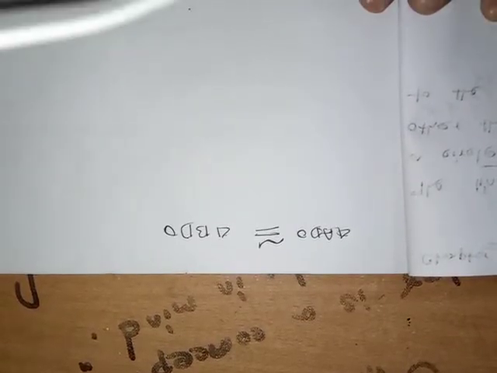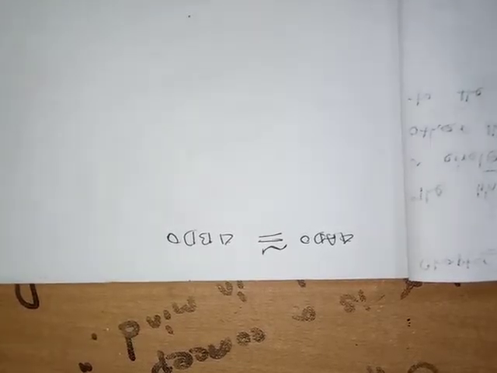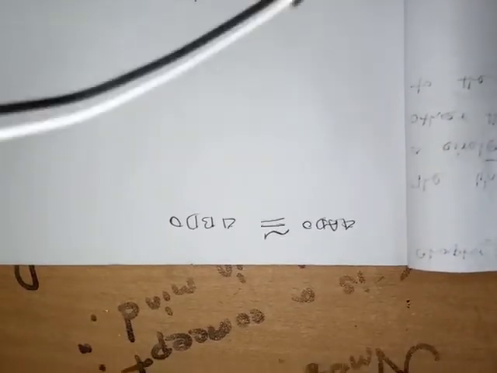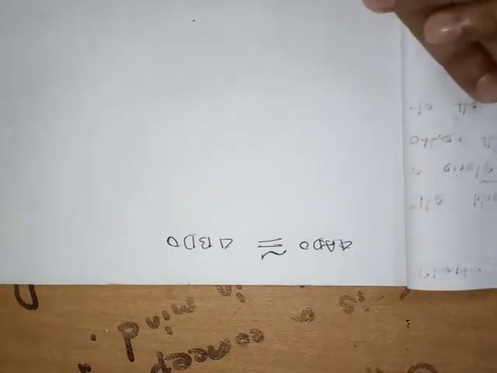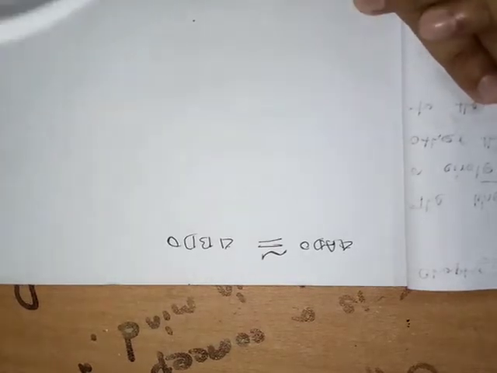Well, what does congruence mean between two triangles? If two triangles are congruent to each other, then three sides of the triangle are equal to the three sides of another triangle, and three angles of a triangle are equal to the three angles of another triangle.